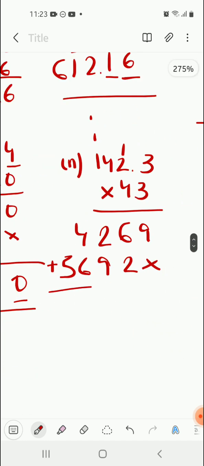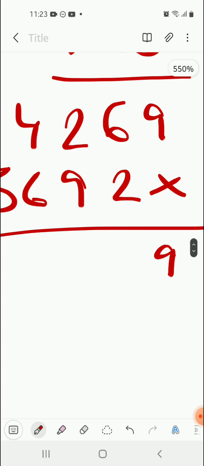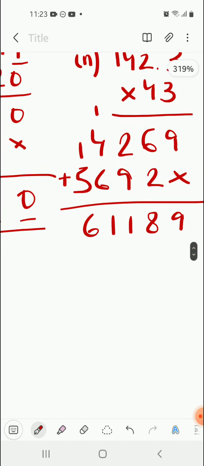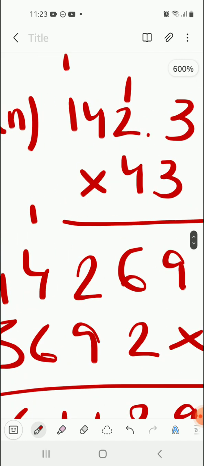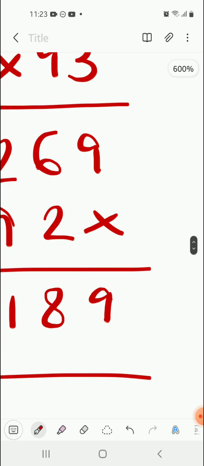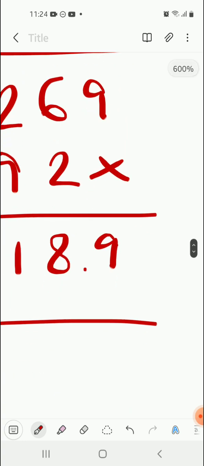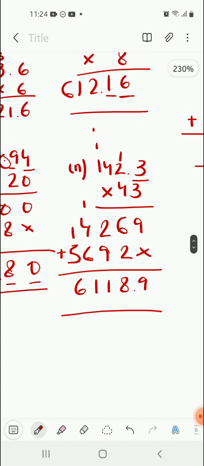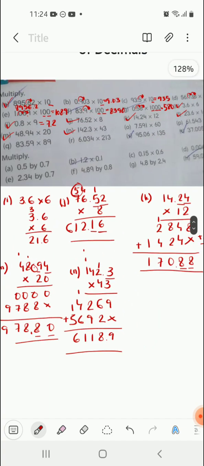Simply add. This is 9, 6 plus 2, 8, 9 plus 2, 11, 6 plus 4, 10 plus 1, 11. So this becomes 61189. Now check, the decimal place is only 1 because there is only one digit after the decimal point. So insert a decimal point here. So it becomes 6118.9. Moving on, and it's done.